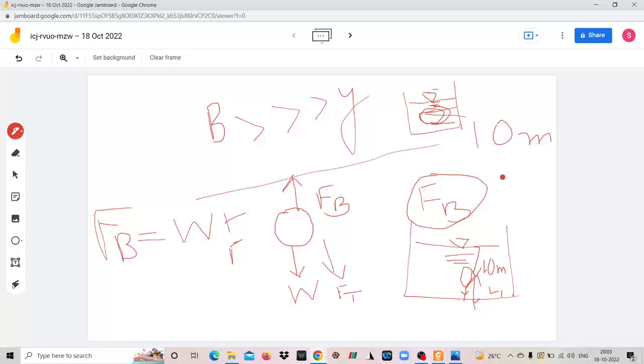Buoyancy itself is due to pressure. Yes, one explanation is that it is because of pressure. But don't you think what you are telling is already taken into consideration?